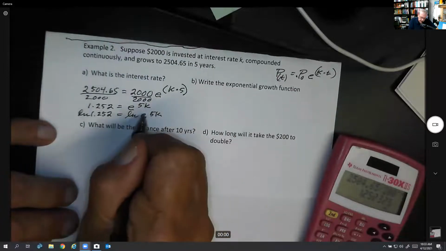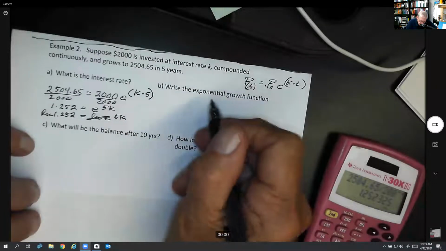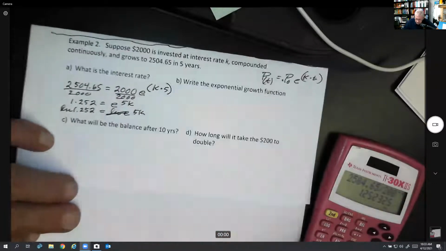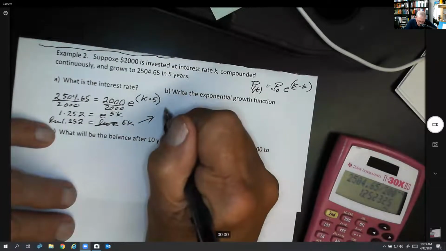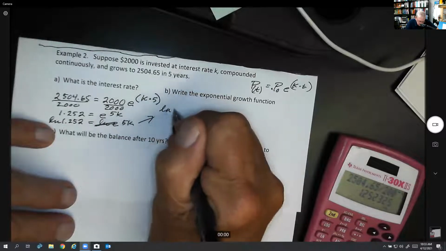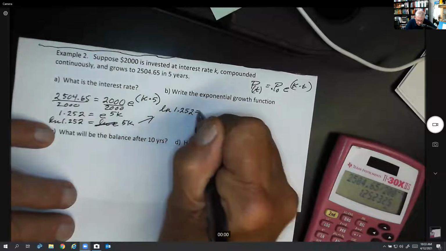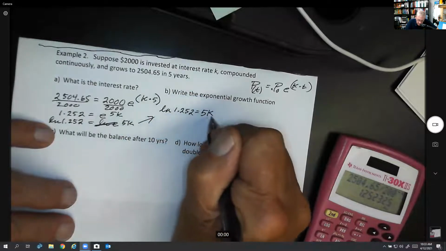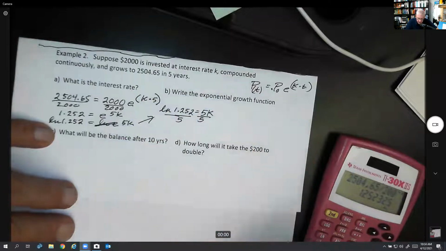And that's going to wipe out that. Let's put it over here so you can see. I now have ln 1.25 equals 5k. So I'm going to divide both sides by 5, and that should give me the interest rate.